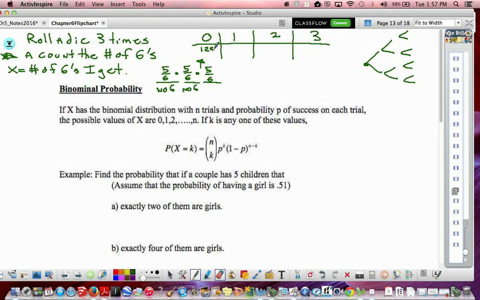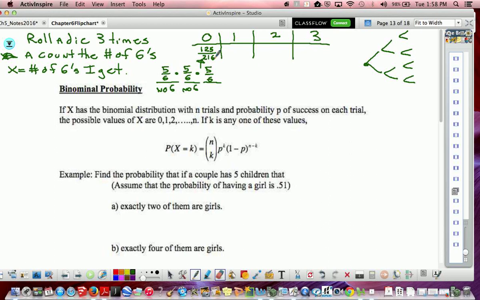So the probability of getting no 6s, rolling no 6s, is 125 out of 216.